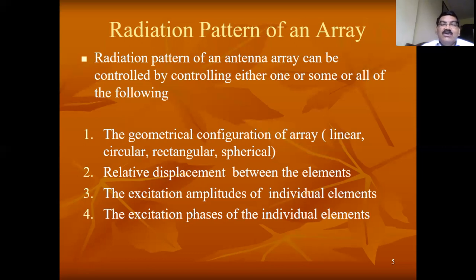Suppose you have a transmission line, whatever frequency you are using, the first element is here, the second element is here, and you are giving excitation this way. The first element will get the current earlier, the second element will get it delayed. So what happens? It creates a phase shift between the individual elements. Sometimes, if required, this can be considered.